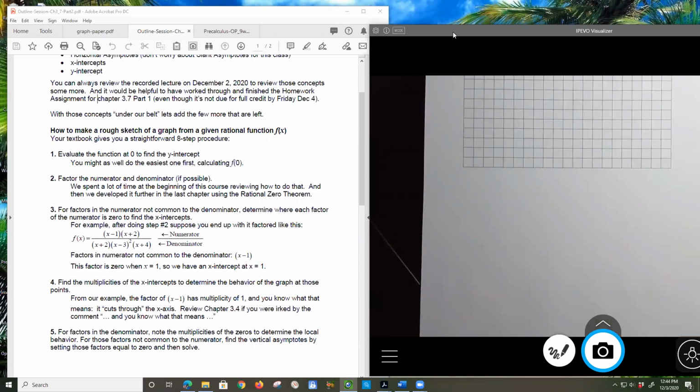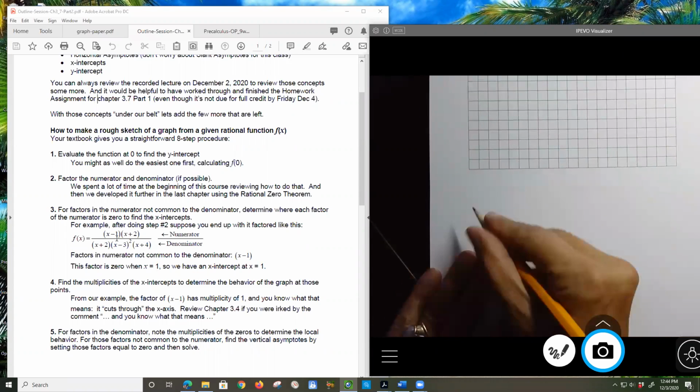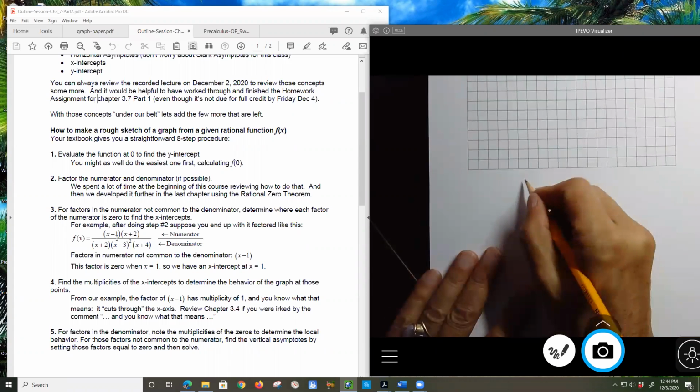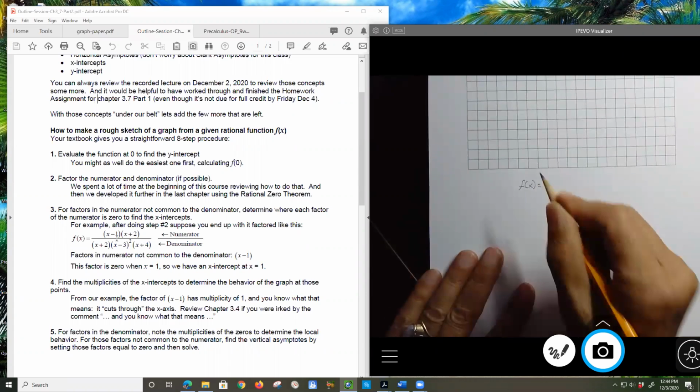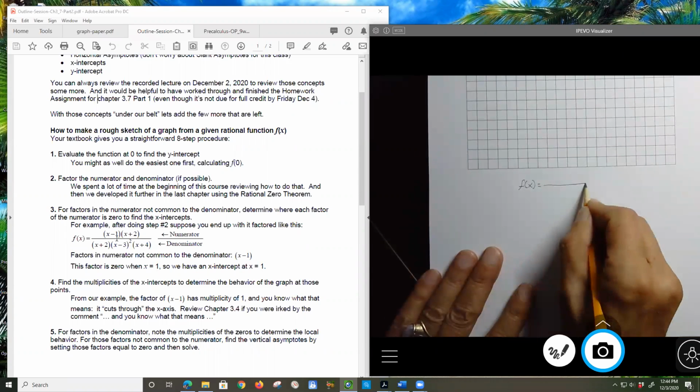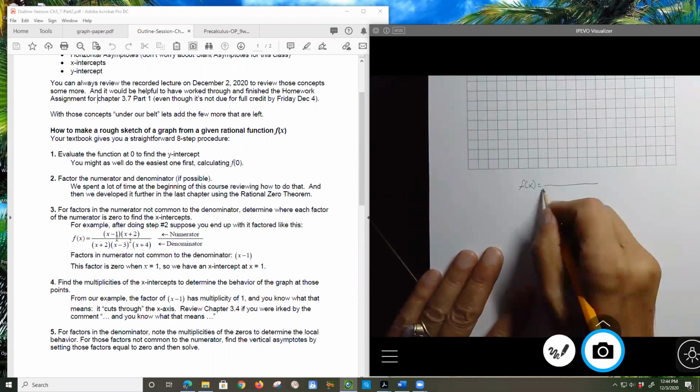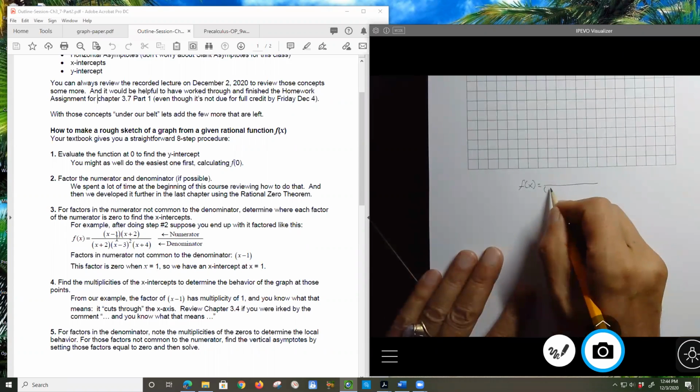Now we're starting off easy here. We'll say that we did all that hard work and we got this darn thing factored over here. And so let's just write down this little function. f of x. And down here in the denominator, I've got x plus 2.